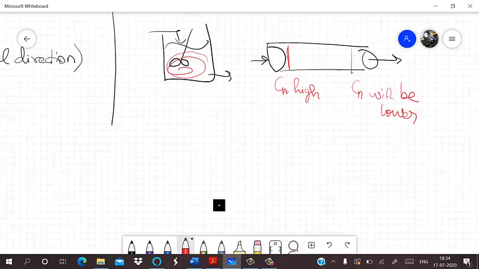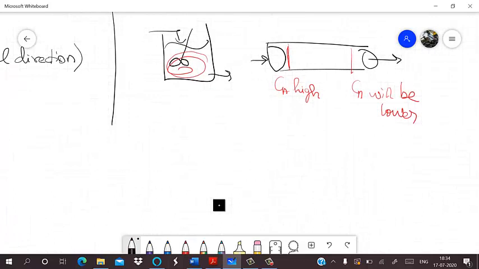And as we all know, the expression for rate, assuming power law kinetics, is r equal to k into Ca power n, where n is the order of the reaction. So higher the Ca, higher the rate of the reaction.